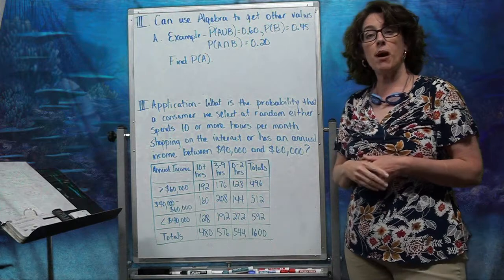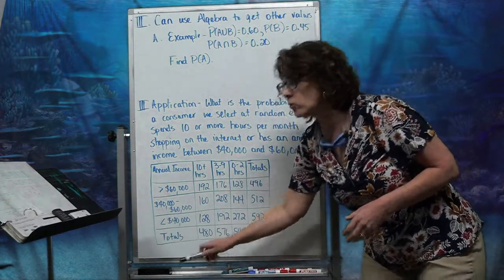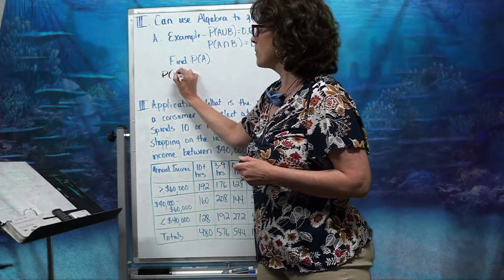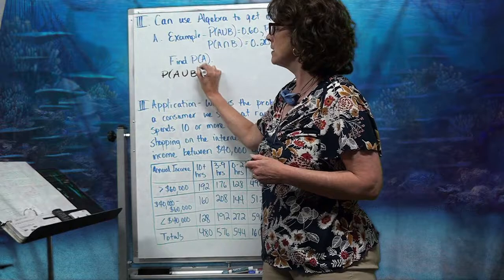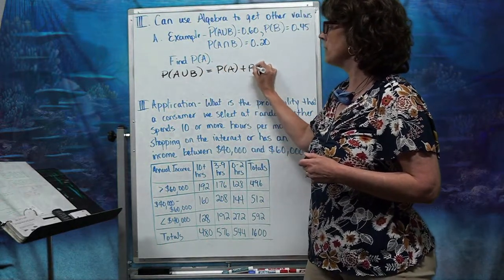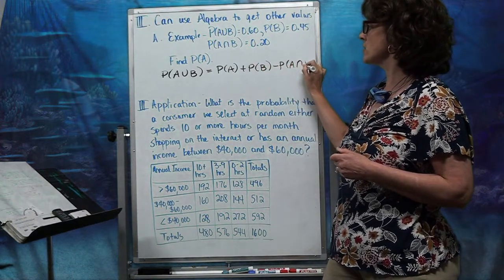So I want to find the probability of just A happening. Well, we can use algebra in order to figure this out, because I do have my formula that says the probability of that union is going to be the probability of one plus the probability of the other minus the probability of the intersection.